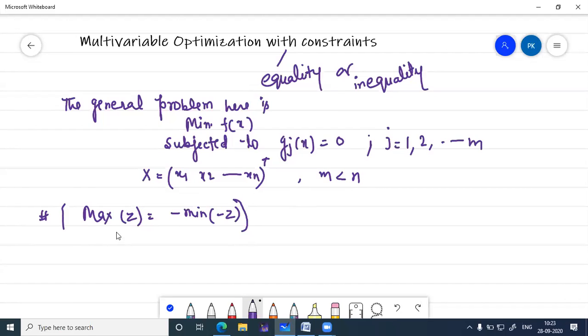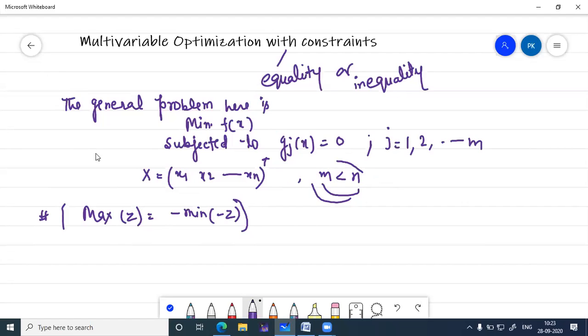And we have m less than n. This must hold. Otherwise, the problem will be overdefined, and in general, the solution will not be obtained if this condition does not hold. So it must be less than n.